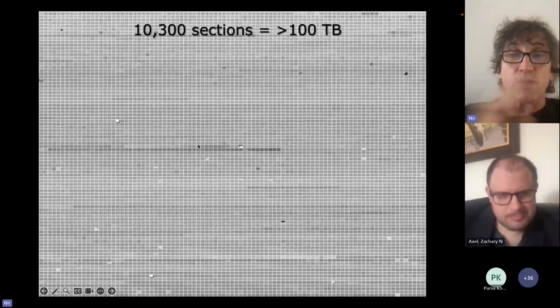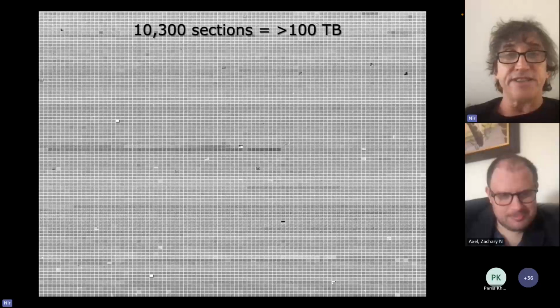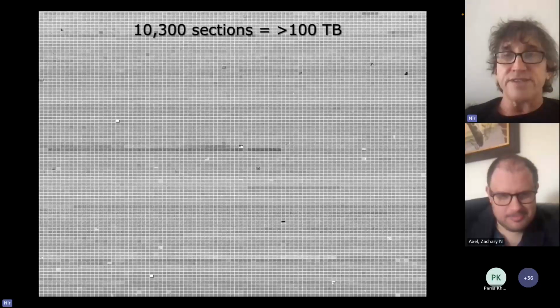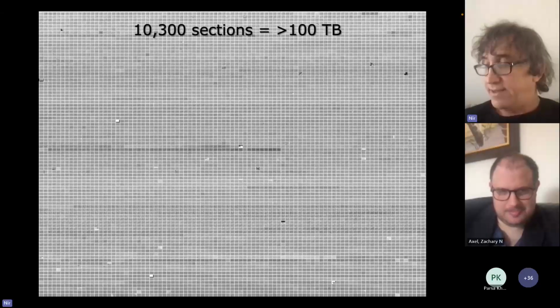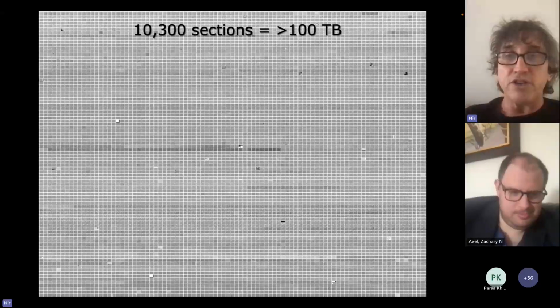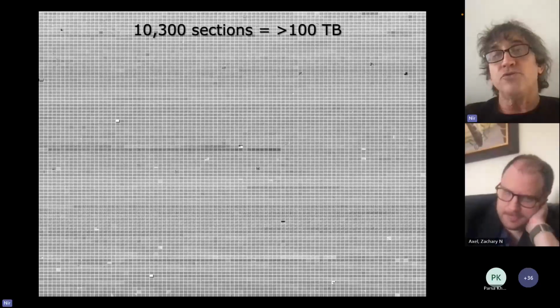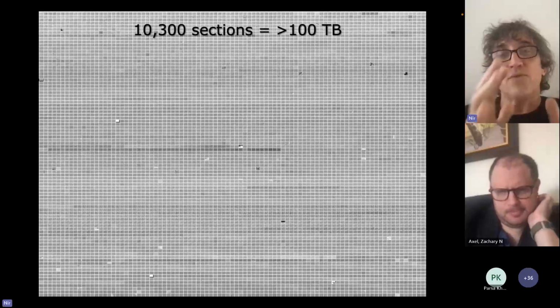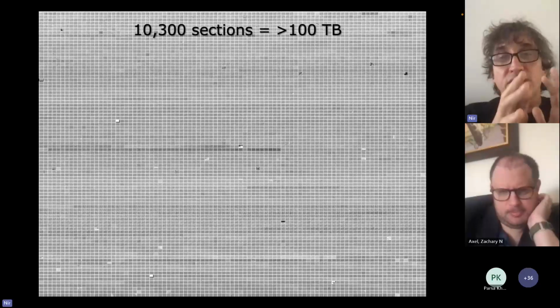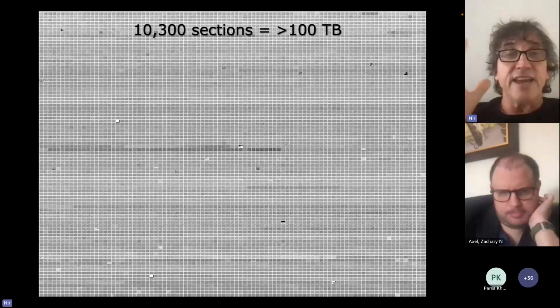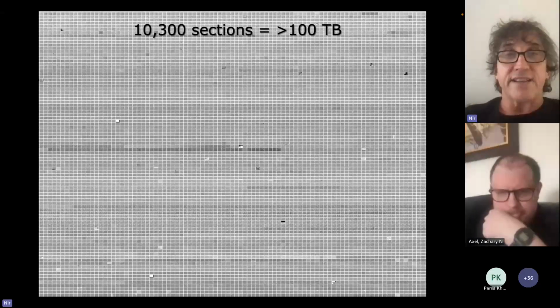And so what we're going to do is take these slices. Here's an example of 10,000 slices, 10,000 sections. I'm going to take these 10,000 sections and try to render them together with computer techniques into something that we can understand.